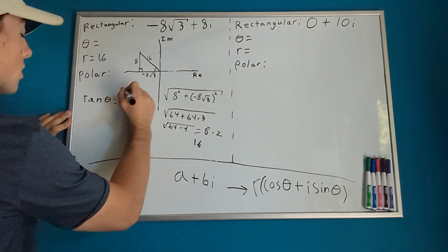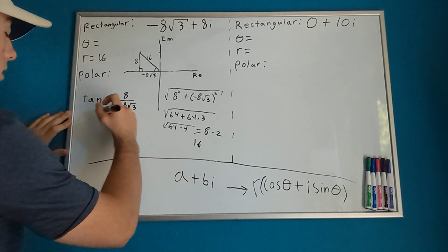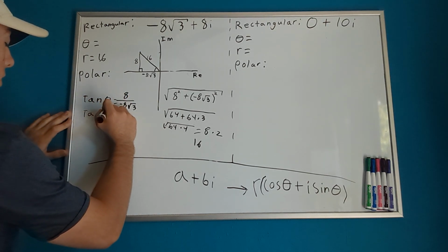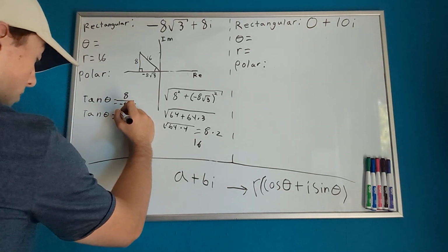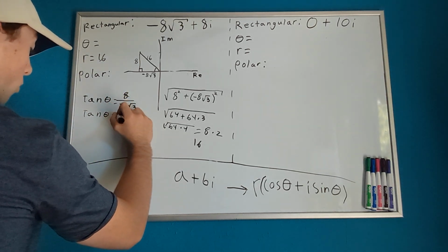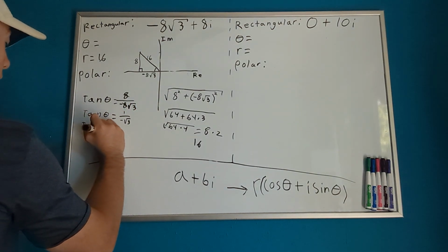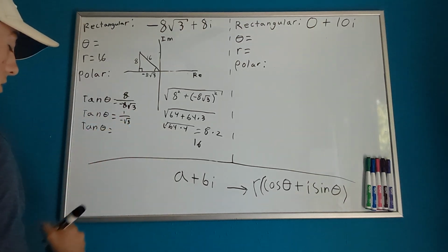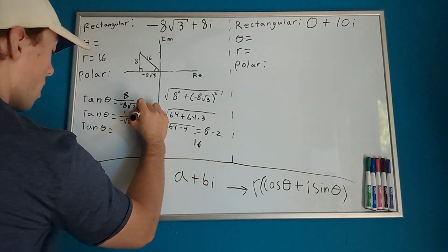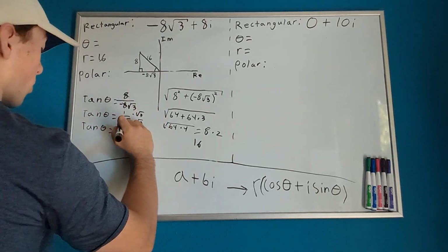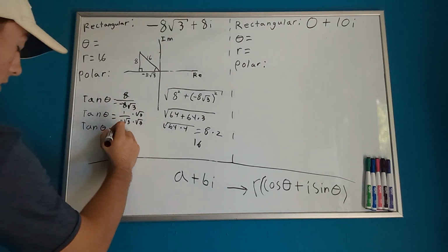This is 8 over -8 root 3. The 8's will cancel out, and we get 1 over -root 3. We can multiply both top and bottom by the square root of 3, and we get tan of theta equals negative square root of 3 over 3.